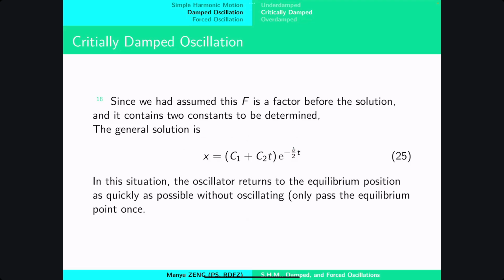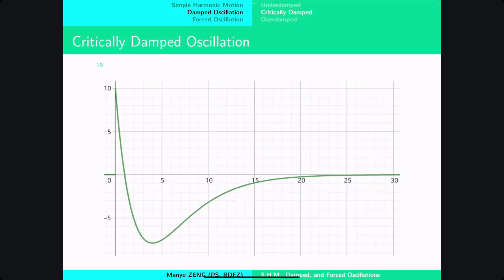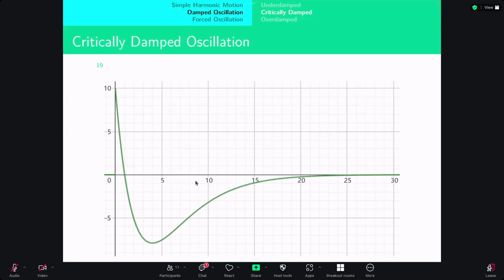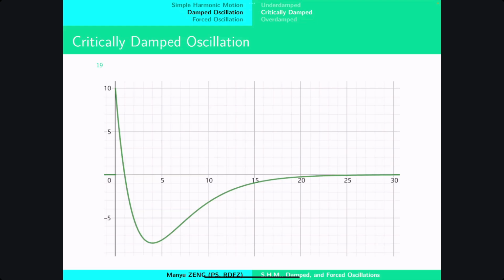So the first factor might be increasing linearly, but the second term is decreasing exponentially. The exponential speed is much faster than the linear speed. So if you draw the solution out, you can see this is decaying. It might pass the equilibrium position once, but it will not pass it infinitely many times because the cosine term disappears.